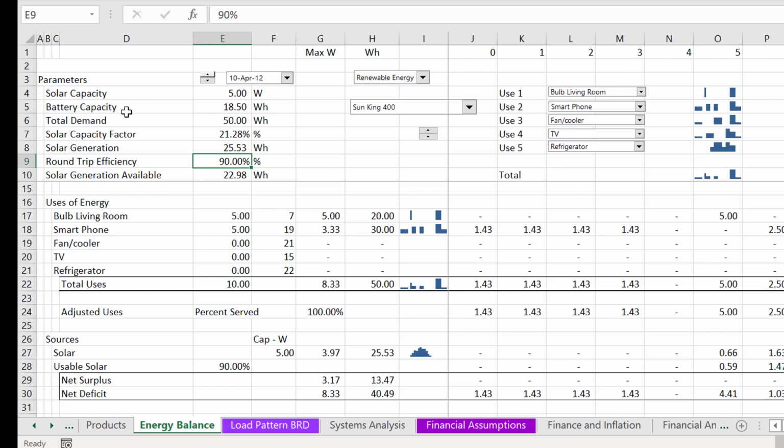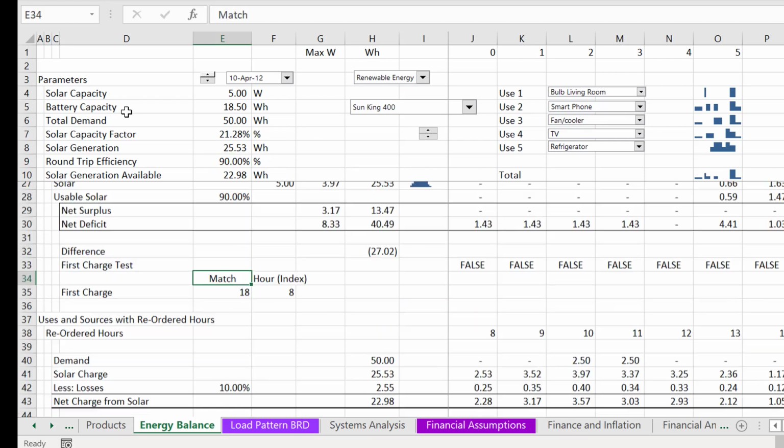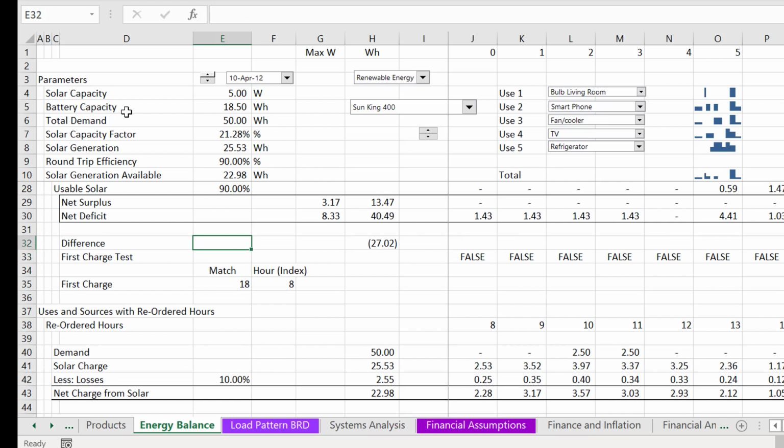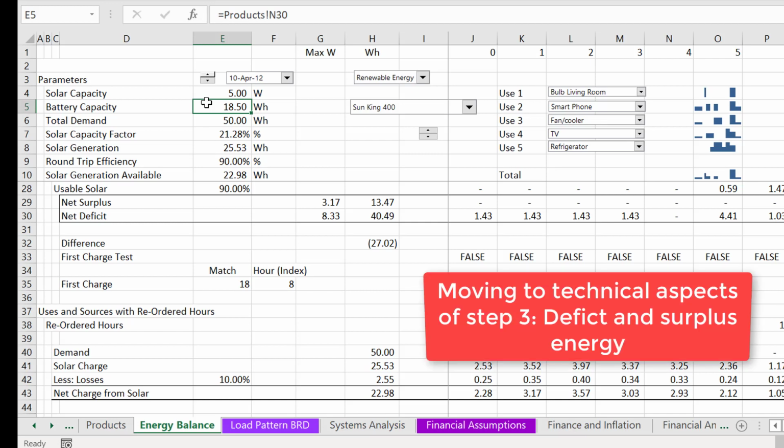I should put a spinner box on that. That means if we charge the battery with solar, we don't get as much in the discharge as we charged it for. Whenever you have a capacity, it should be measured at the discharge rate, not the charge rate.